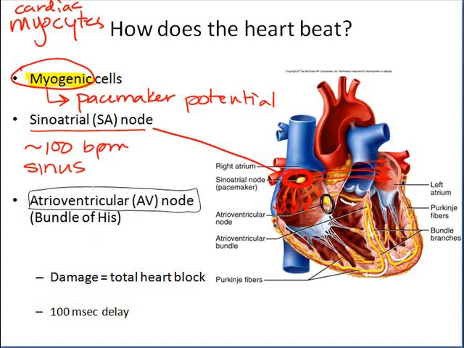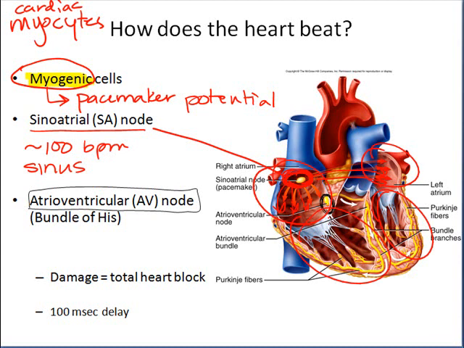And that slowdown of the signal is really important, because if I transmitted that signal simultaneously at the exact same moment that it traveled to the atria, that would give the ventricles the signal to contract at the exact same moment that the atria are contracting. And if you imagine, if I contracted all four chambers of the heart at exactly the same time, there would be no open chamber into which I could dump the blood.